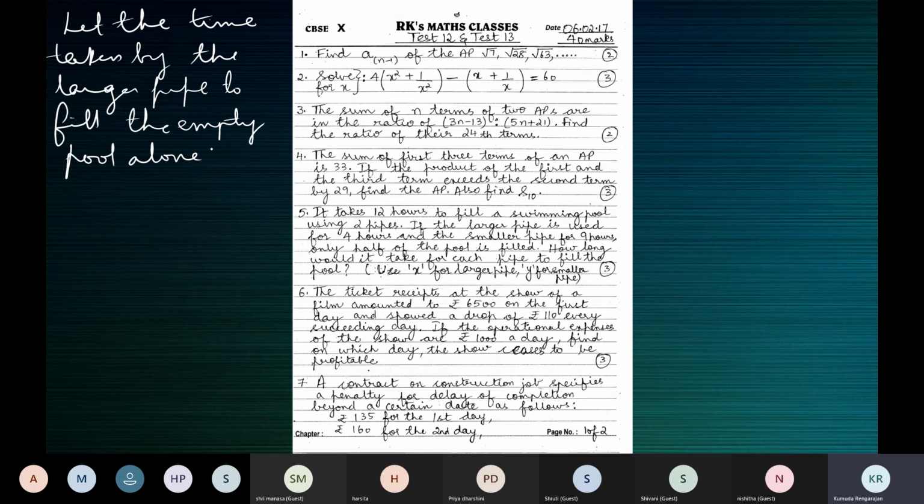Supposing only the larger pipe is open, the pool is empty. The swimming pool is empty, and only the larger pipe is let open. Then it will take, we'll say, X hours to fill the empty pool.